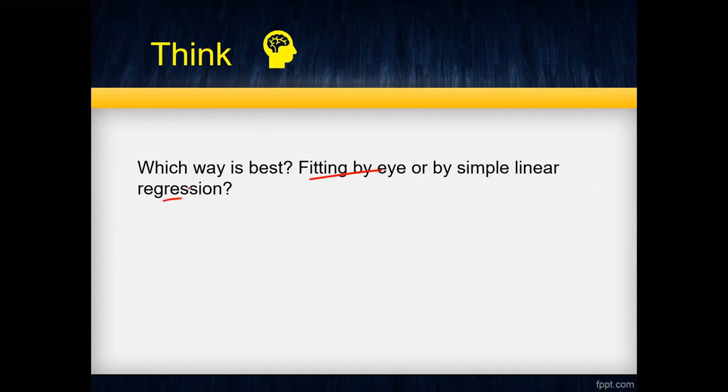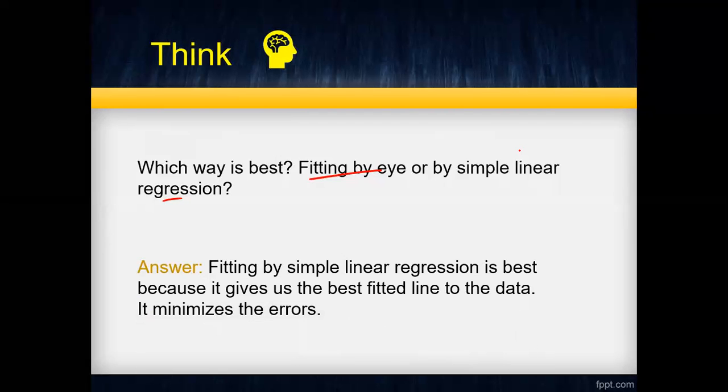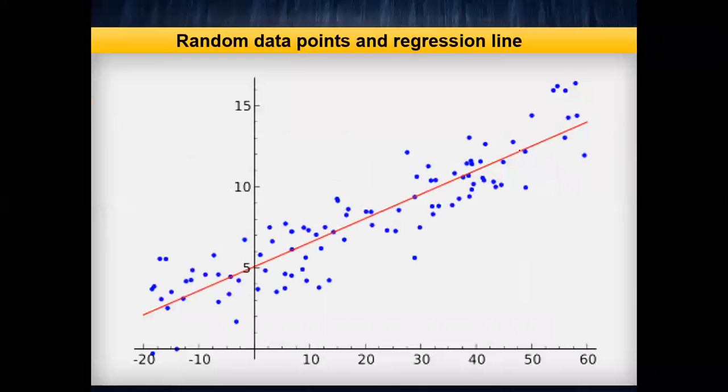Always remember, the random line you pass is not the best fitted line. The best line will be the line that you get with the help of regression, because the regression line minimizes the error. Look at this point and this line. The distance between this point and the line is called the error.